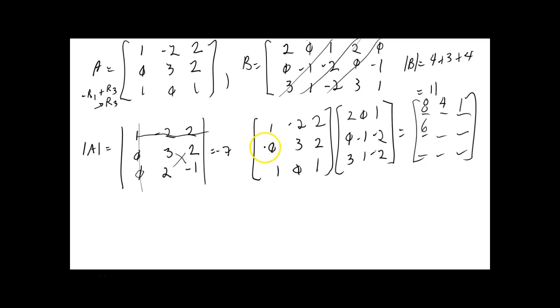Second row, second column. 0. Negative 3 plus 2 would be a negative 1. Perfect. And then the second row, third column would be a 0.